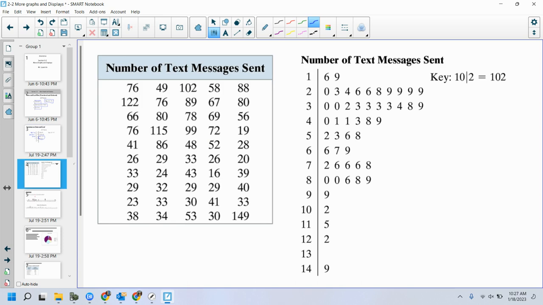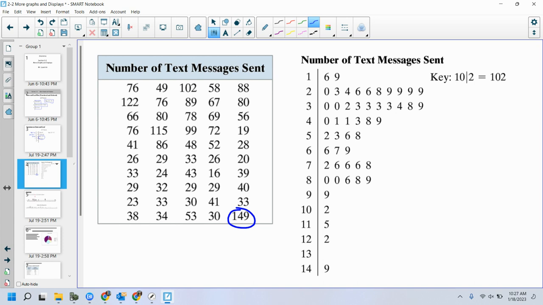Just showing you here another version of a stem and leaf plot, right? Just another way to do it. You can run it all the way up through double digits, like this, 149, right? Why am I showing you this one? Well, I can see based on this, 149 is an outlier.